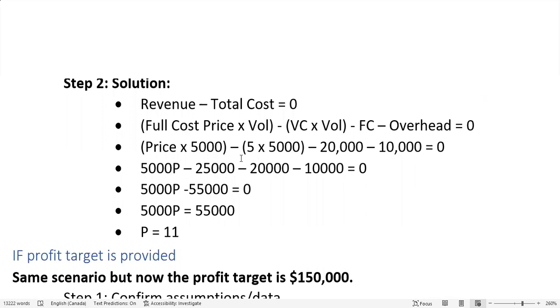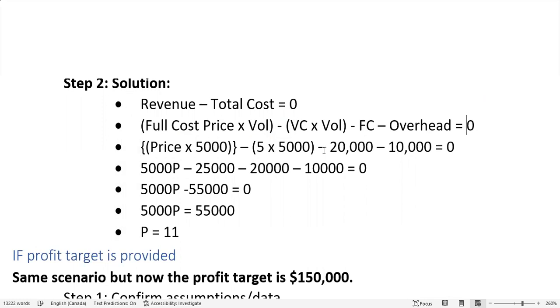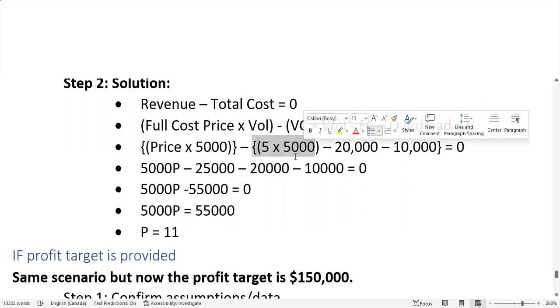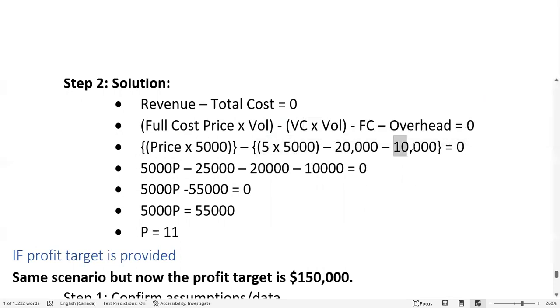So essentially, price times 5,000 would be your revenue, and your total costs are the ones you see here. These figures: total variable cost, your fixed cost, and your overhead. Once you have that filled out, you can see the formula.